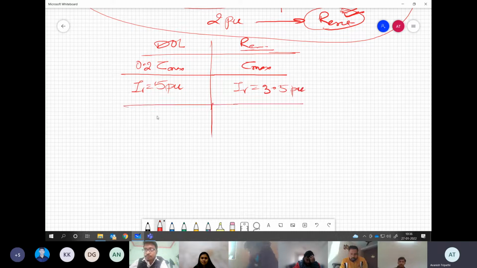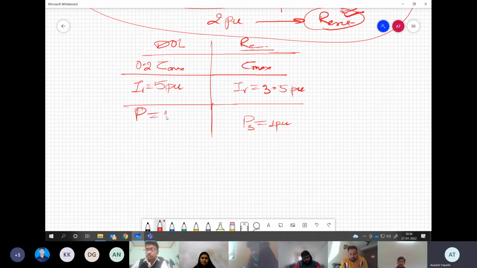The total power taken is definitely 2.5, but the power going into the motor, which is getting exhausted in the motor, is only 0.5 per unit compared to what was there, 1 per unit, for the direct. Okay, I am writing it opposite, is it? No, this is fine. Only power I have written inverse.